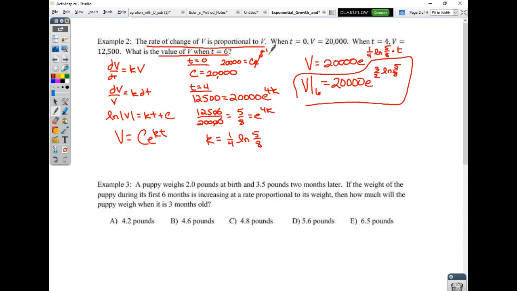So then you get C as 20,000. And that should always happen because K is just a constant. So when my T is 0, K times T has to be zero. On these questions you should be getting some zero number. Otherwise, solving for C is terrible.